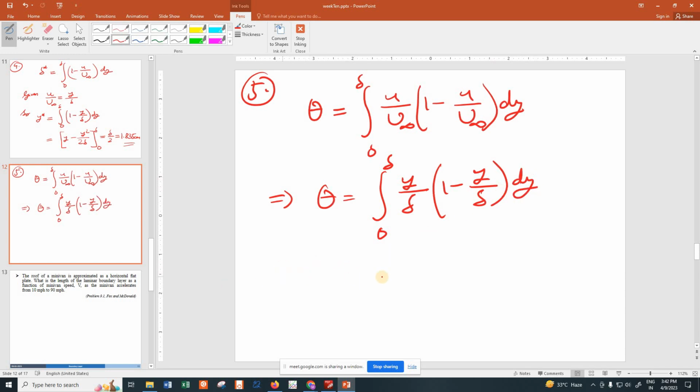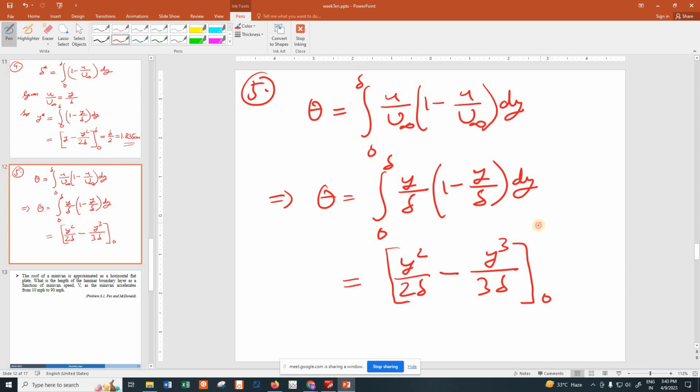Now performing the integration: y square by 2 delta minus y cube by 3 delta, from 0 till delta. So if you do it, it would come out to be delta by 6, which is equal to 0.61167 centimeters. Okay.